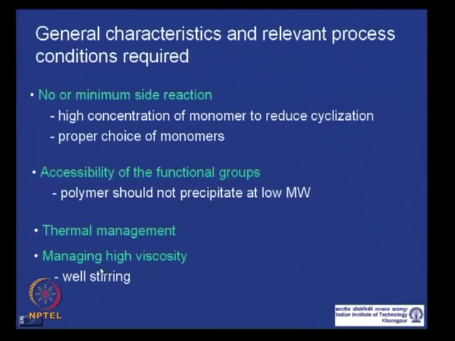And the next point is managing the high viscosity. As we progress, the molecular weight goes up, and again fortunately the molecular weight goes up to a very high level only at the end of the polymerization, when P is very high. So, except in the situation when P is very high, the viscosity of the medium remains manageable. At high conversion, the polymer molecular weight goes up and your viscosity also goes up.